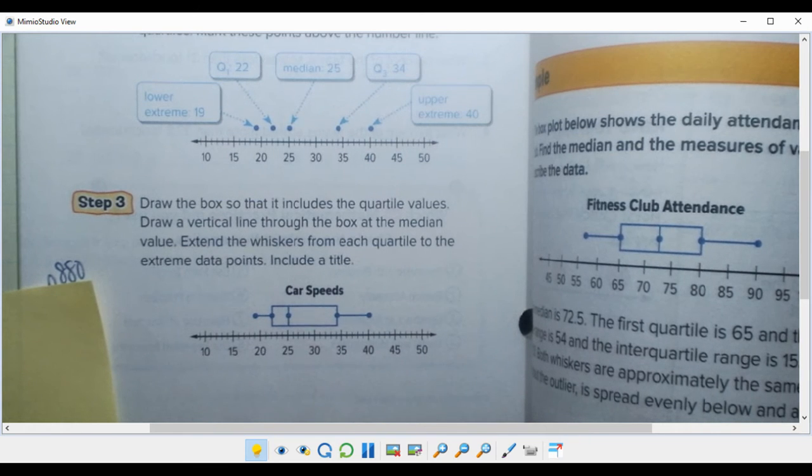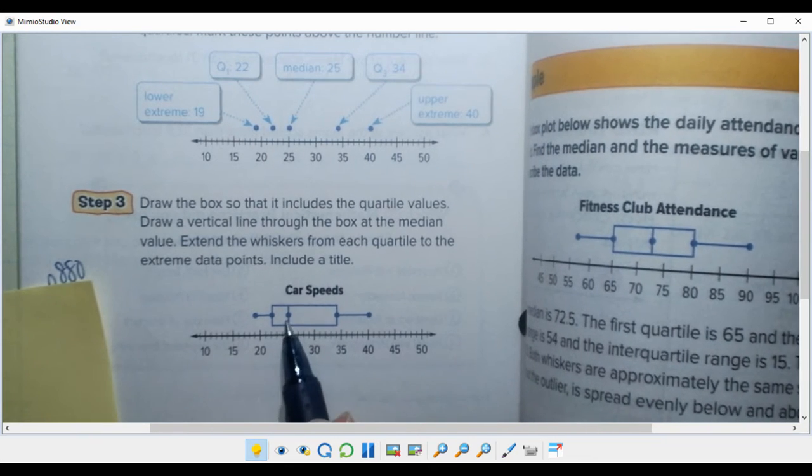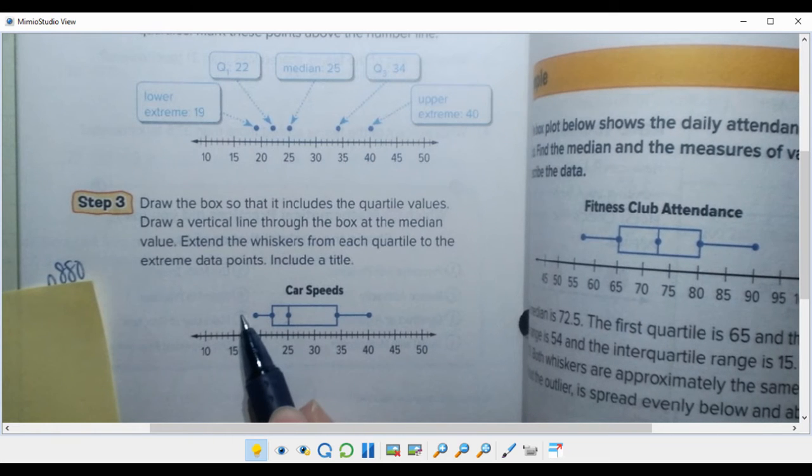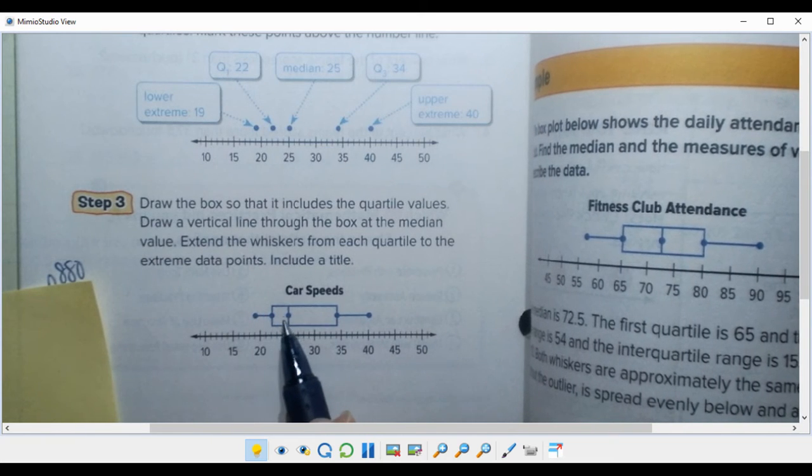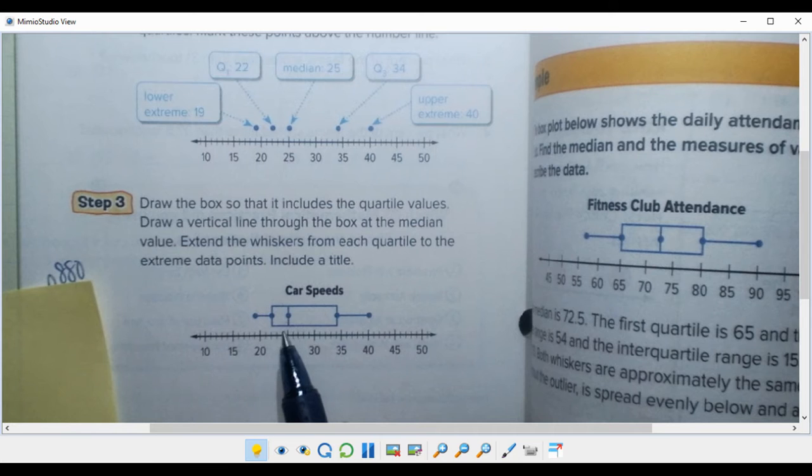So if I want to talk about half, if I'm trying to find information about my group, and I say, well, half of the speeds were 25 miles an hour or less, because 25% plus 25% is 50%, and 50% is half. I could also say that 50%, half of my information, is greater than 25 or between 25 and 40.